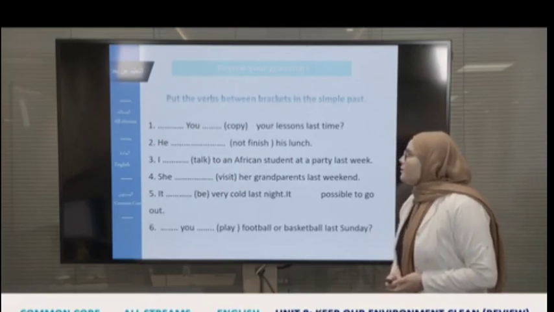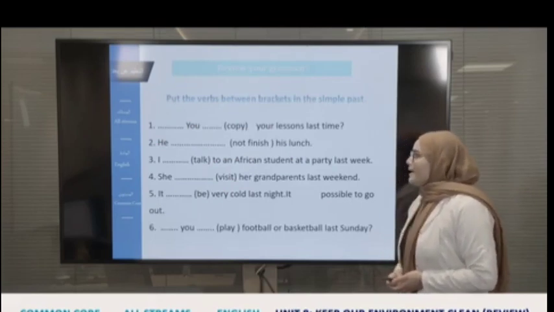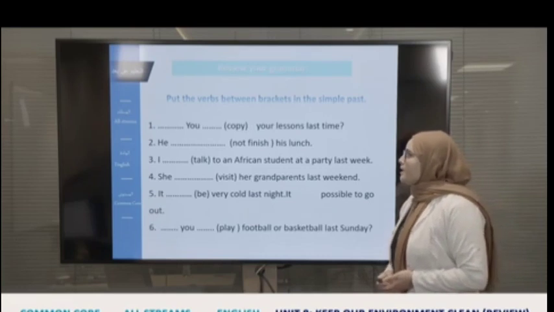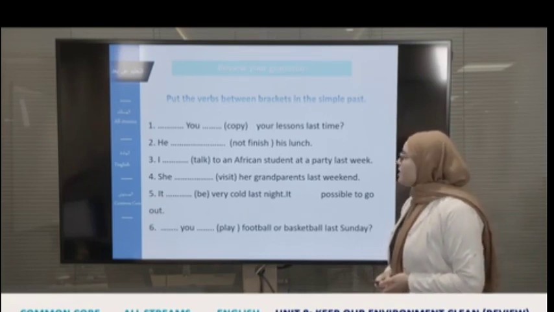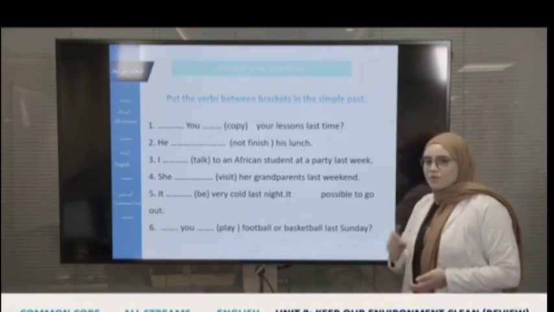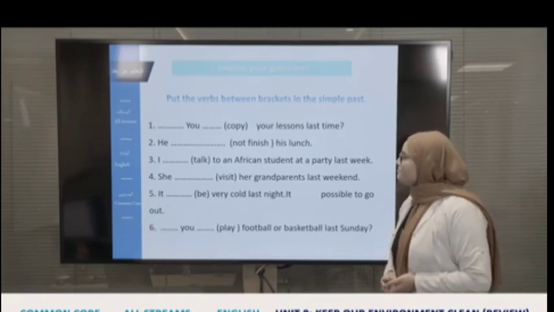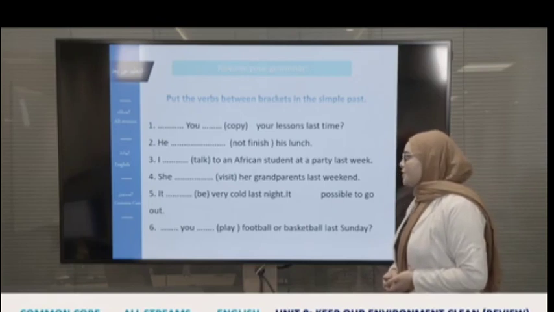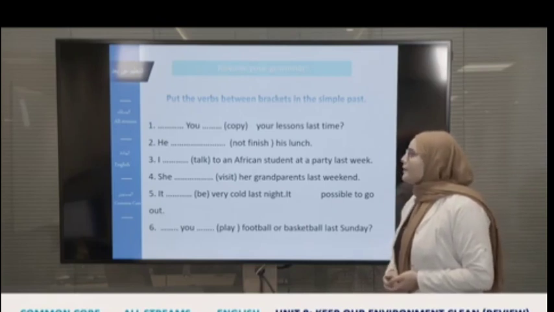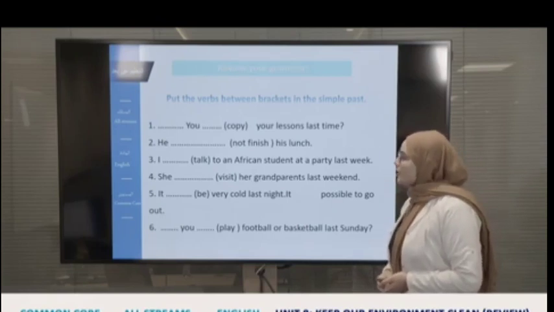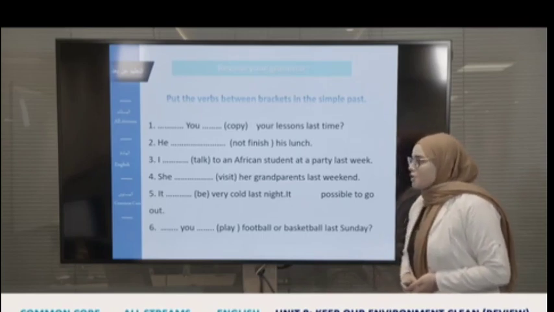Okay, so we put the verbs between brackets in the simple past. Here we have, you copy your lessons last time. Here we have a question, which means the interrogative form. Number 2, he not finished his lunch. Number 3, I talked to an African student at a party last week.